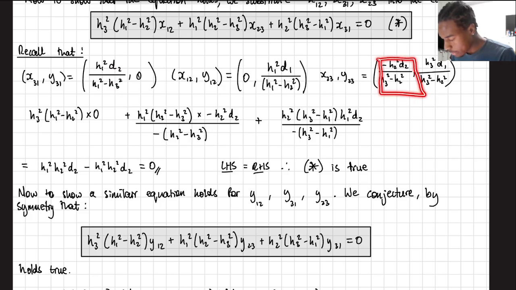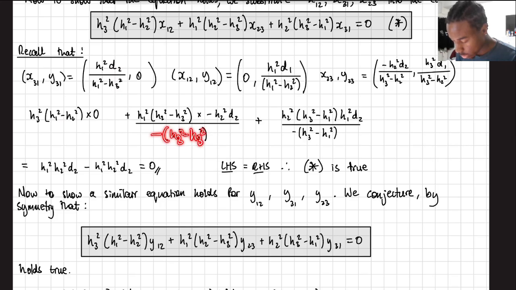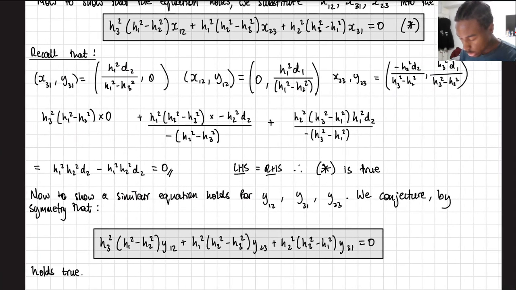So I have a minus h2 squared d2 over h3 squared minus h2 squared. Now I can write that as minus h2 squared minus h3 squared, and then keep the minus at the top so that these two can cancel out. But then this minus minus just makes a positive. So now I have h1 squared, h2 squared d2.